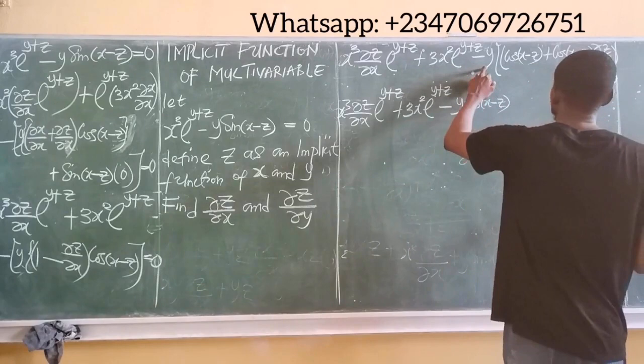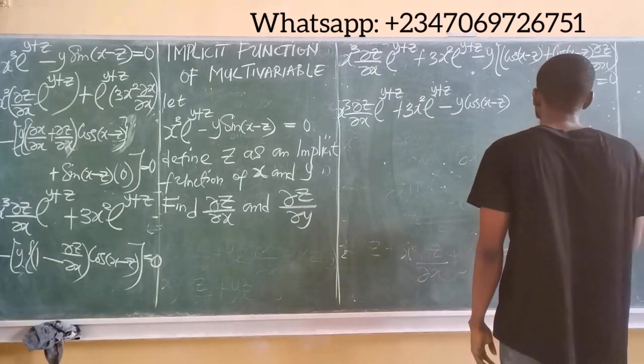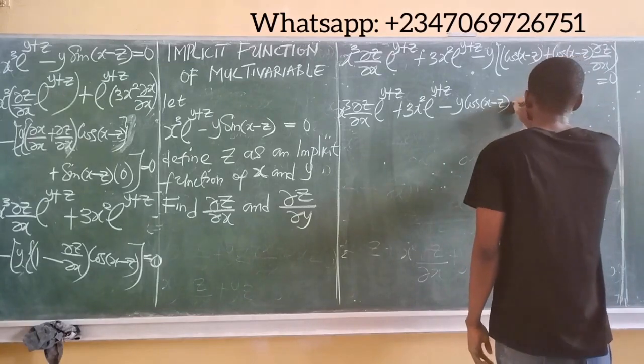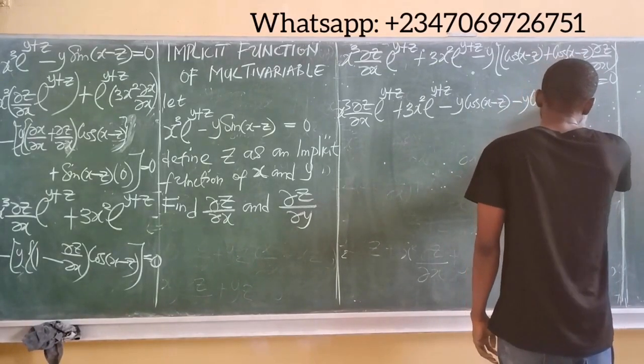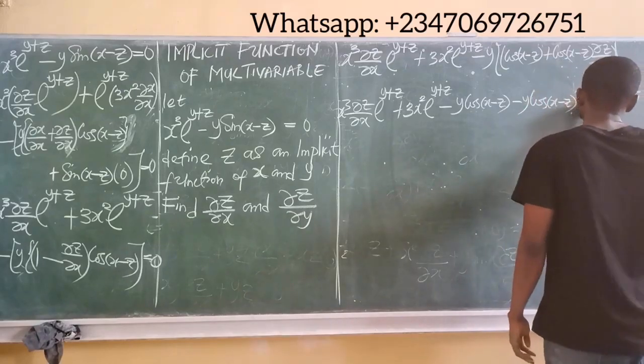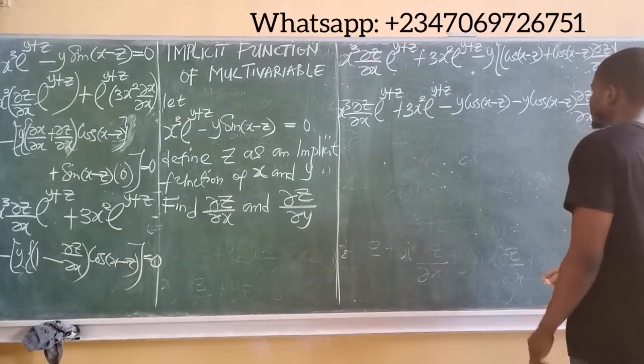Minus y multiplied by plus cos x minus z partial x simply gives us minus y cos x minus z partial z all over partial x, and this is equal to 0.